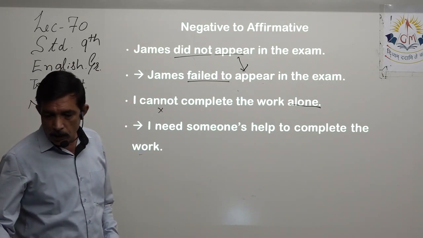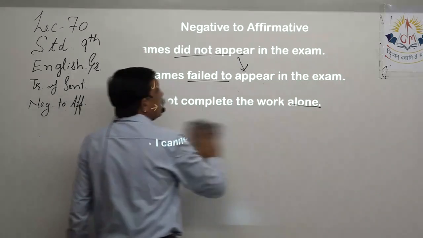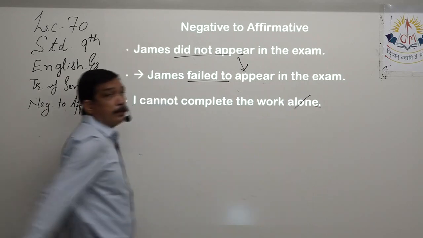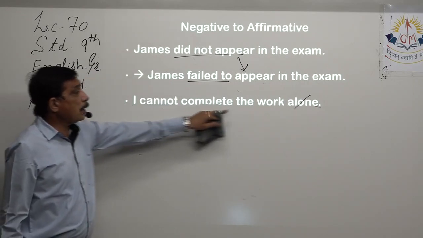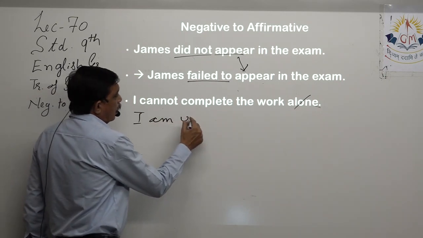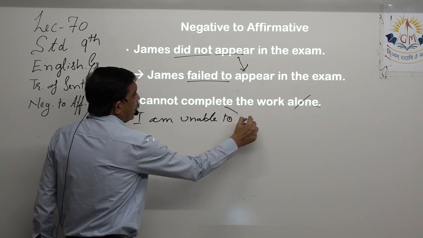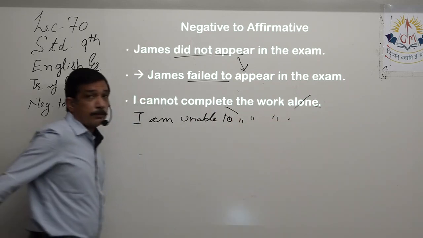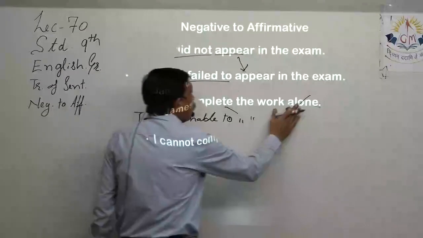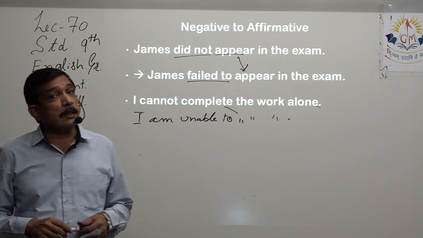If suppose the alone word was not given, then I cannot complete the work, answer will be, I am unable to complete the work, full stop. One word alone comes in, and that changes the complete meaning of the sentence.